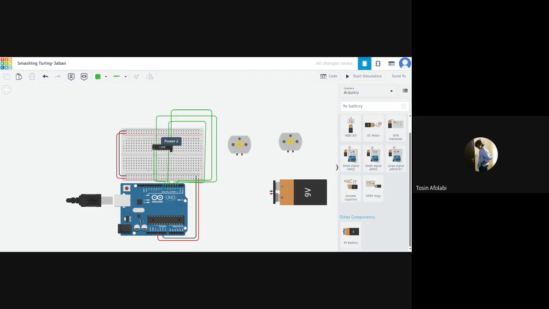One more thing. One of the many useless grounds we connected goes to the output. Then what we do is get another ground to a 9-volt battery.